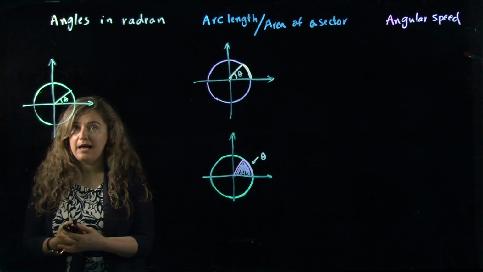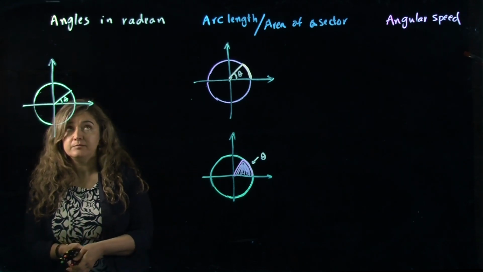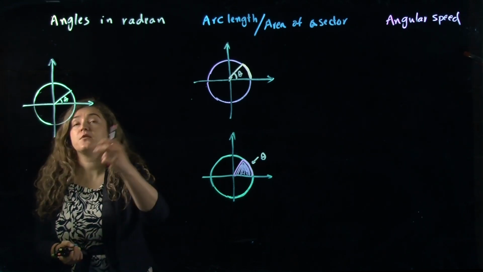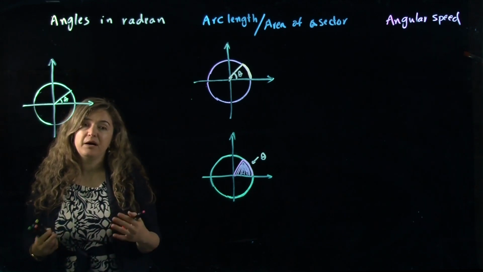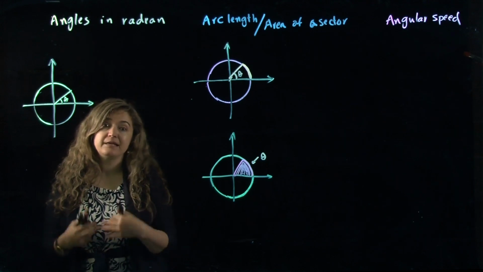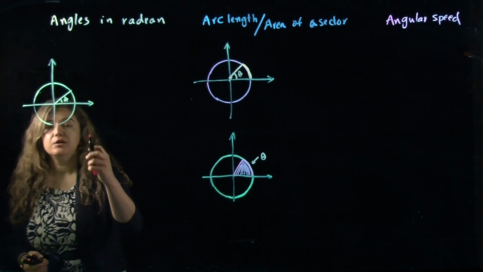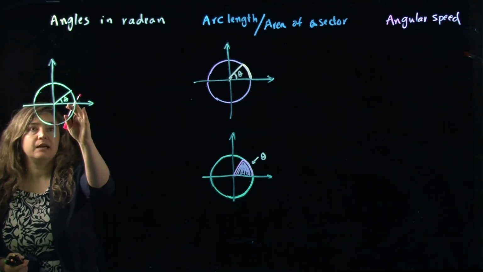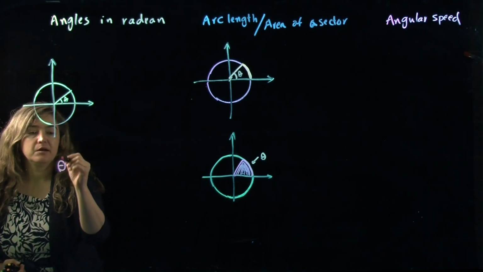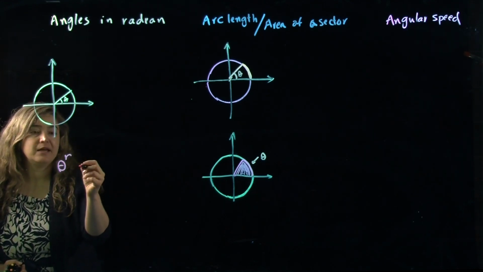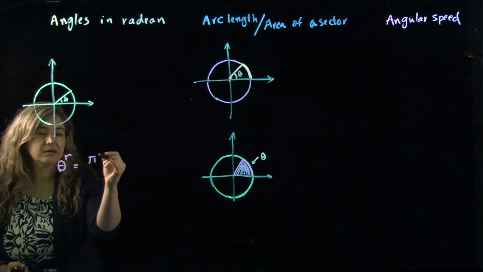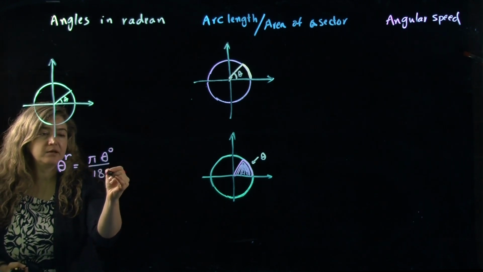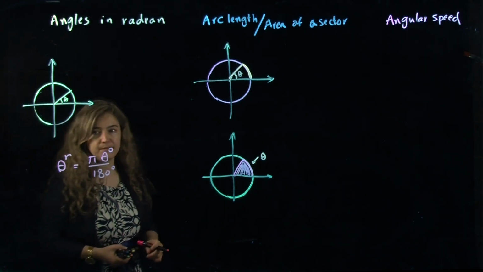Generally, the actual definition of the angles in radian comes from the same logic, but the formula that the logic brings to you. So usually when we're discussing the angles in radian, we're defining it by pi times the angle in degrees divided by 180 degrees.